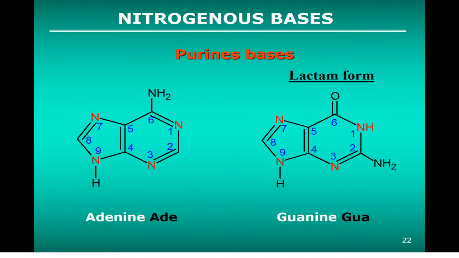And two types of purine nitrogenous bases, only one of them in a lactam form, guanine, GUA for short. For adenine, lactam tautomerism is not typical, impossible, because there is no OH group. It's an amino group, 6-aminopurine.